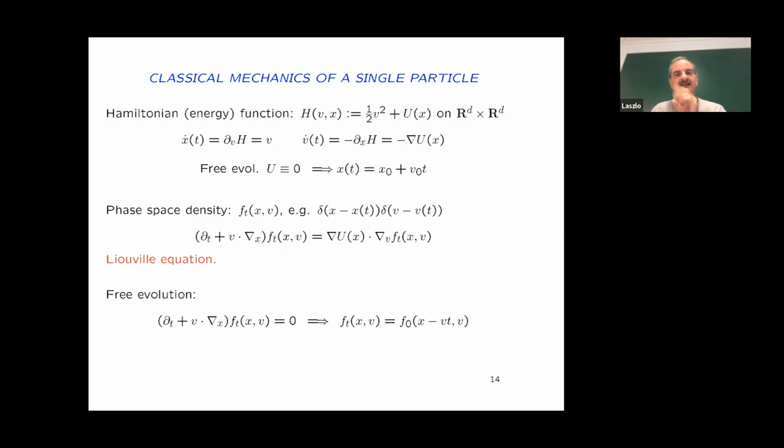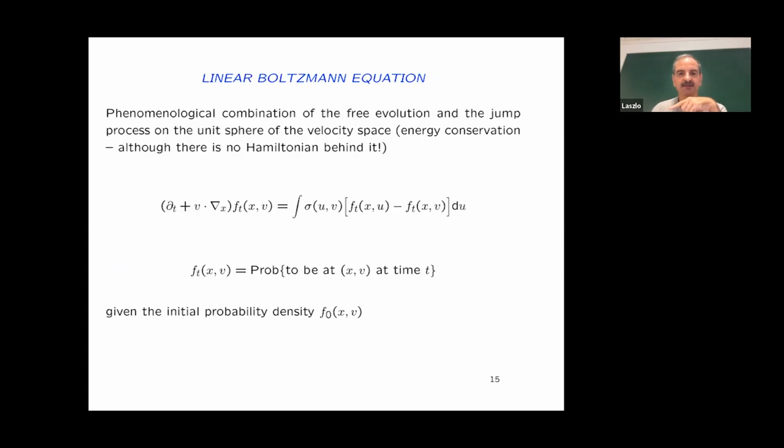And now we put these two dynamics together. There is a single particle dynamics, which is basically a free evolution, plus this jump process on the unit sphere. And that gives you the linear Boltzmann equation. It's a phenomenological equation, a phenomenological combination of the free evolution and this jump process. So it looks like that.